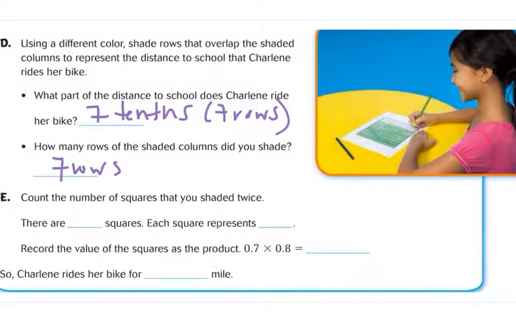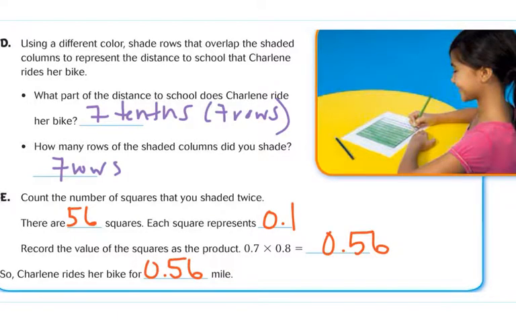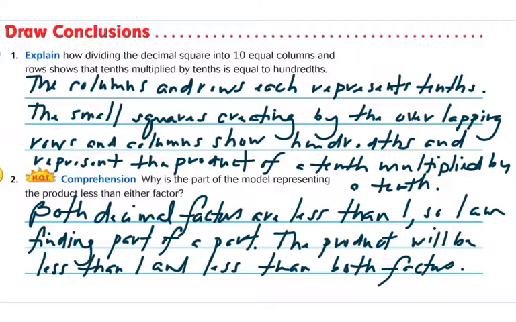So we know that there are 56 squares, and each square represents 1/100. It says record the value of the squares of the product. We know that the product would be 56 hundredths. So Charlene rides her bike for 56 hundredths of a mile. Next, we're going to go on to draw conclusions.